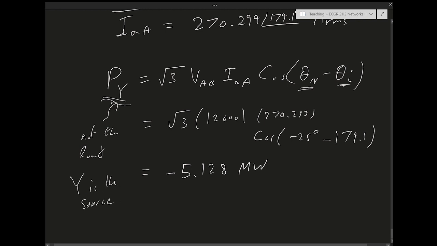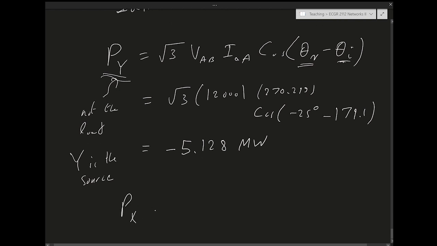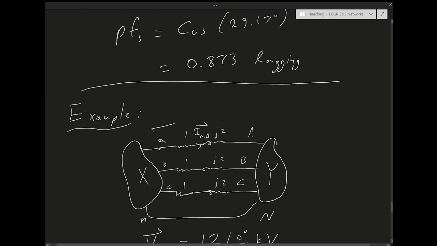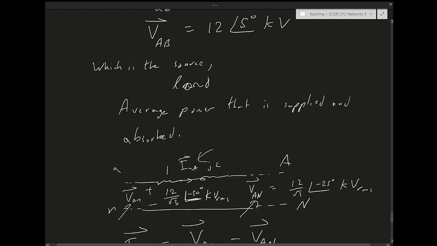Okay. What is the power then absorbed in the load, which is X? Well, it's going to be square root of 3 VAB small IA capital A. Right now we want to find the current flowing into system X, which is the opposite of I small a capital A, right?